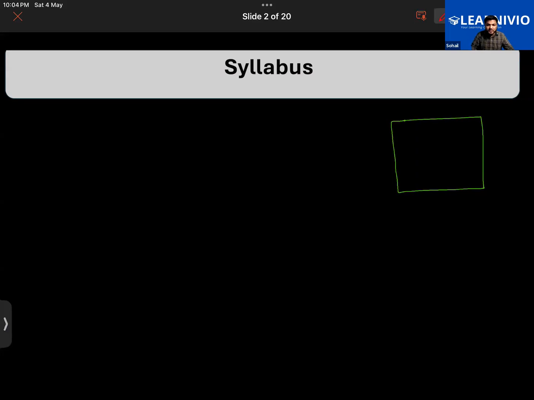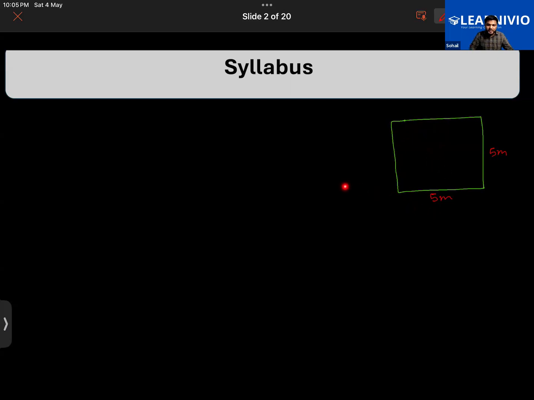Say that the length and breadth are both 5 meters, because we know that the sides of a square are equal to each other. You want to lay tiles on this floor.